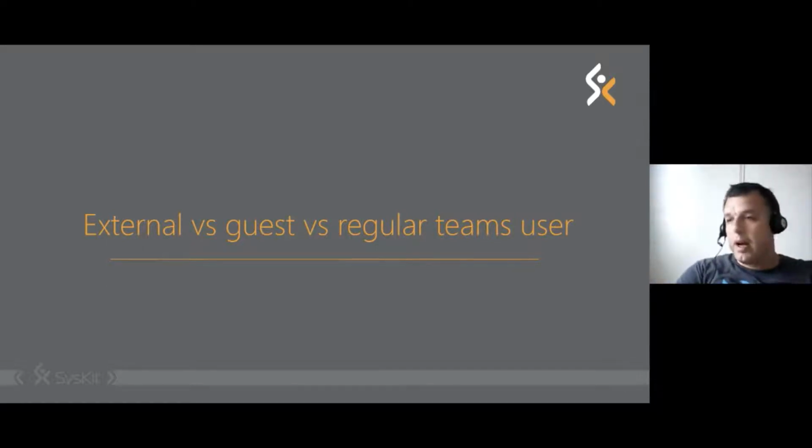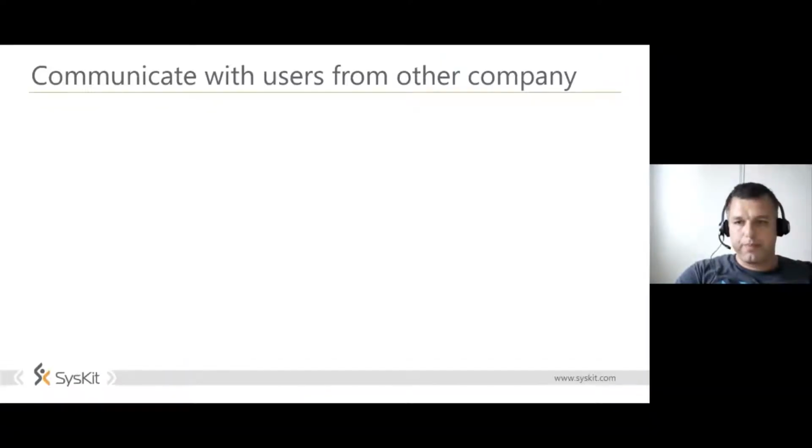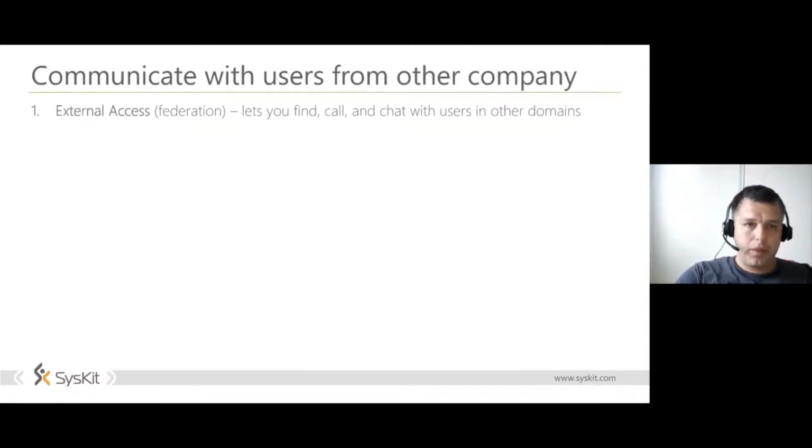First, I will try to explain the difference between external users, guest users, and the regular Teams user. If we want to communicate with users from other companies, we have two possibilities. We have external access, or so-called federation. Basically, federation is when you need a solution that lets external users in other domains find, call, chat, and set up meetings with you.